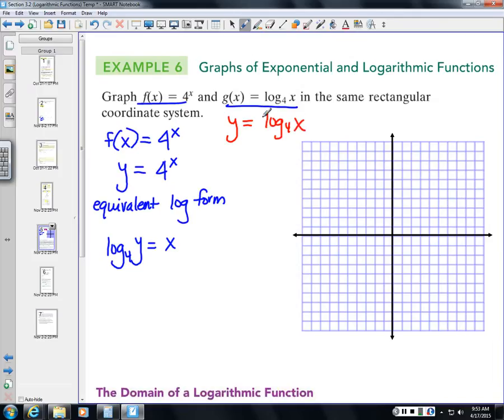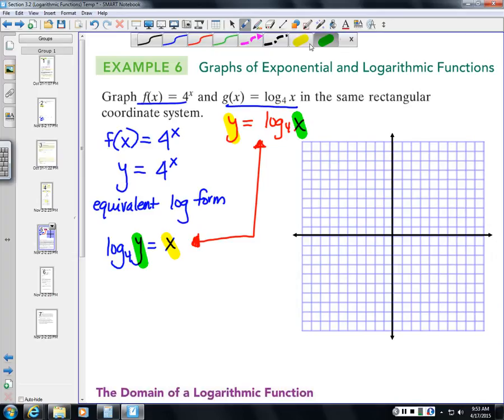If I just take that out of function form, compare this with this. What's the only thing that you see changed? This is y equals, this is x equals. This has the x here, this has the y here. So are the x and y's not reversed on this? They are. So it can get a little tricky, a little confusing, so we have to really understand our basics of this, that this f of x equals 4 to the x that's given to me is exactly equivalent to this.